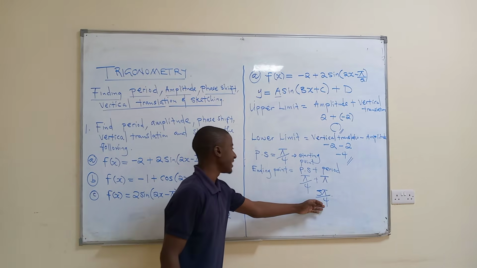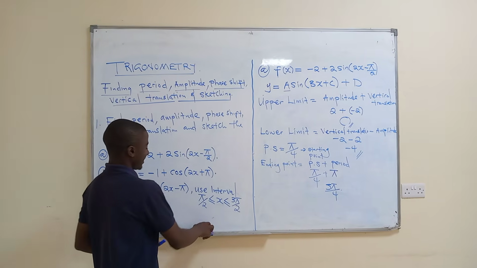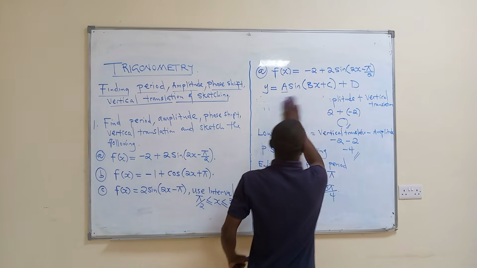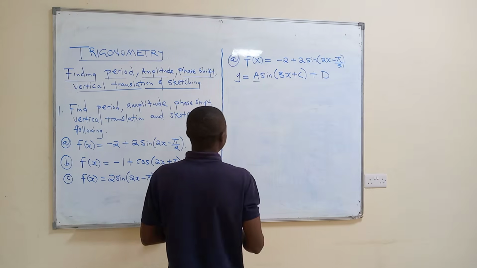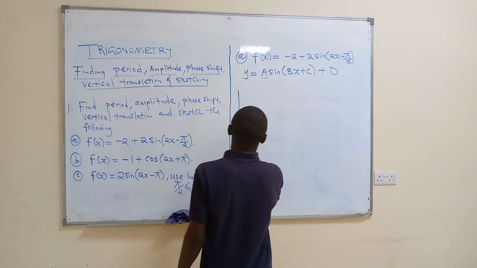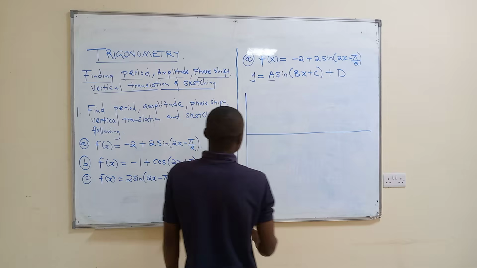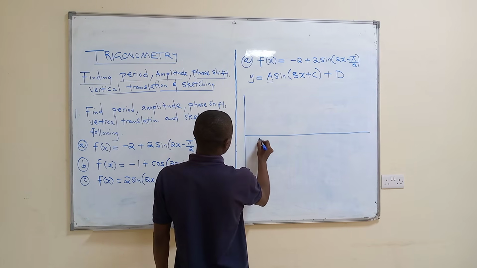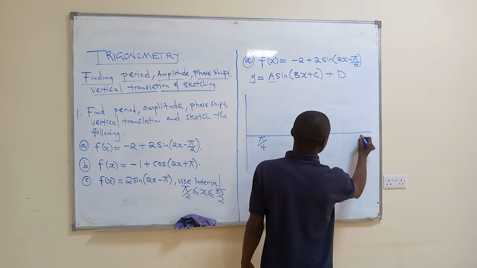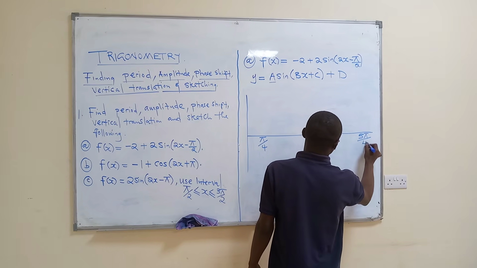Starting point, ending point. So from there, let me just grab this part to create the space. So from there, we're going to draw. So the starting point, that is pi over 4. Ending point 5 pi over 4.